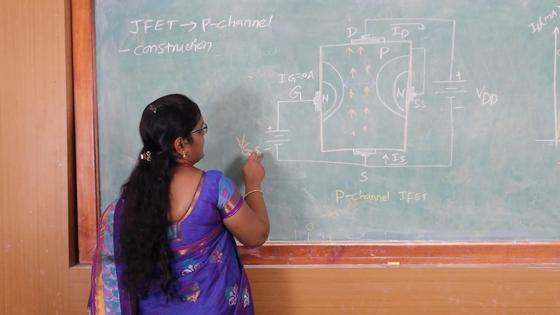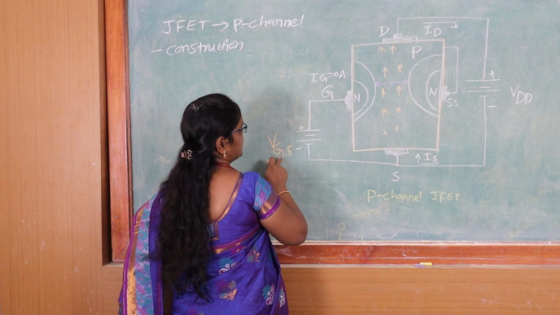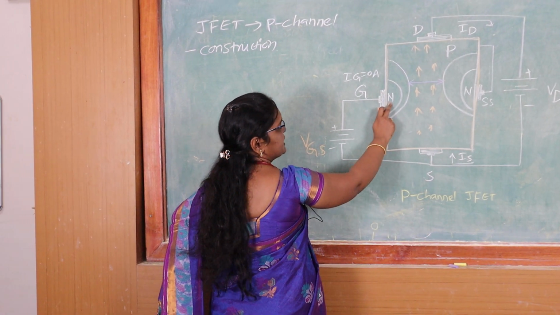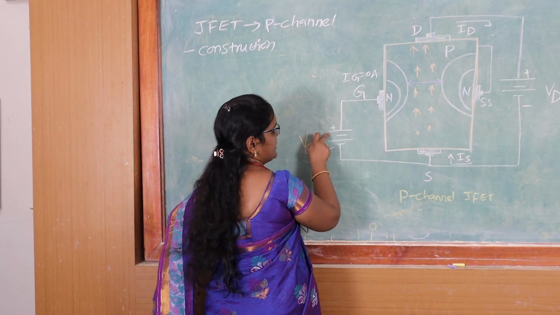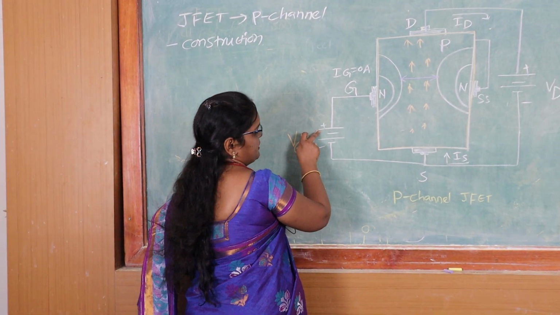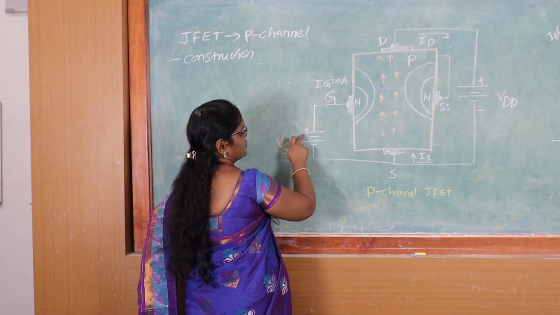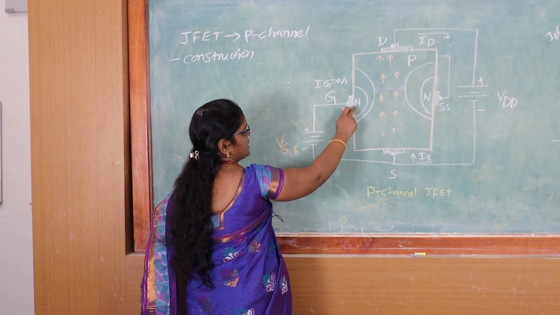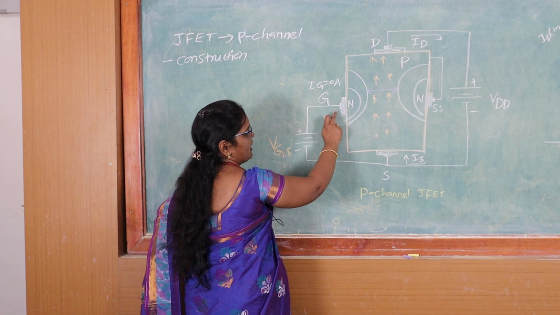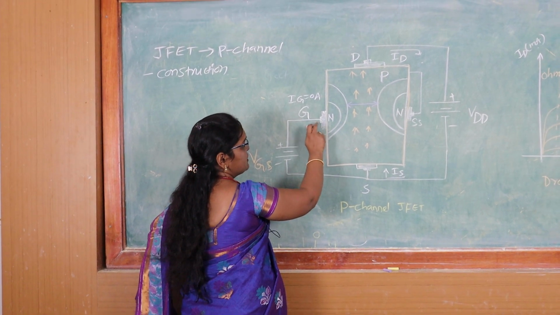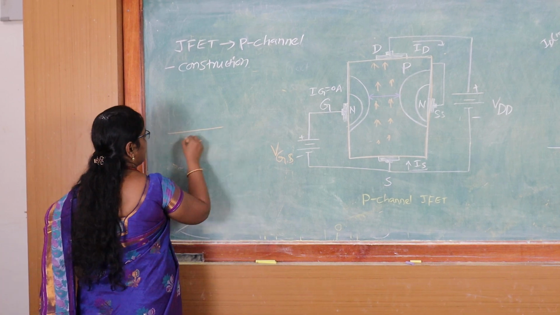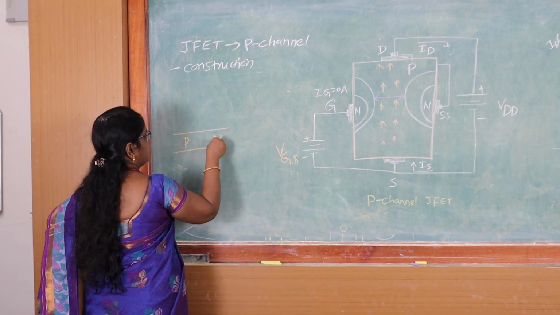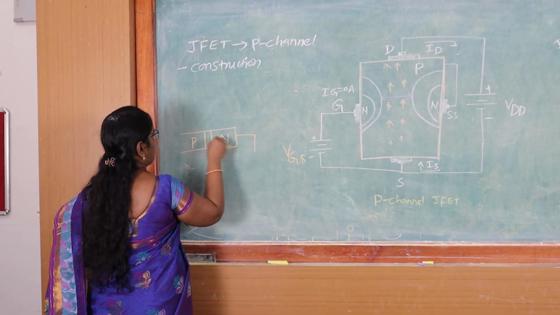If I apply VGS, this is N type, in the sense a negatively charged terminal, and here I am applying the positive terminal of the external voltage. So this bias will be reverse bias, opposite charges. We will have reverse bias at this gate terminal, which means that in an ordinary PN junction diode, if I apply reverse bias, what happens?